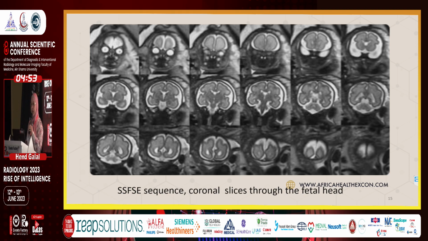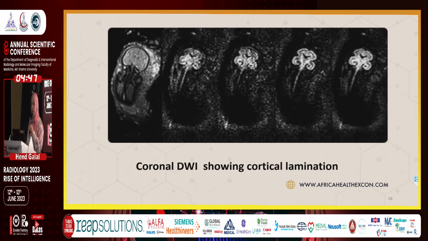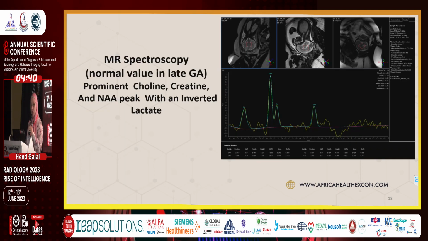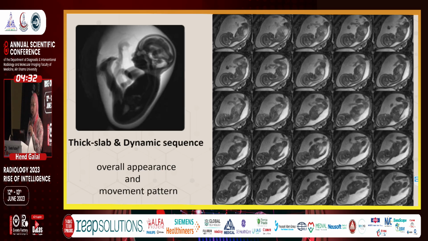Then we start the anatomical sequences, starting with slices of the fetal head. If there is abnormality in the fetal head, we can do diffusion weighted images, ADC, fractional anisotropy, and spectroscopy to measure the normal values of choline, creatinine, lactate.